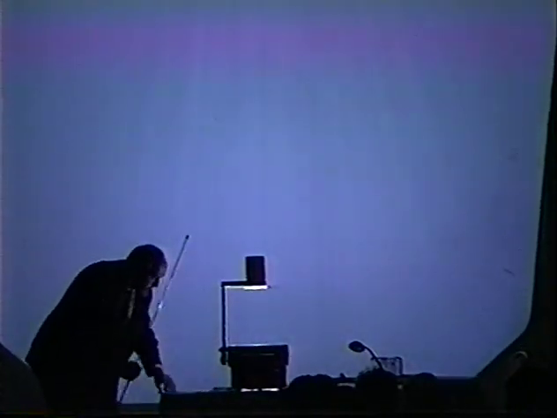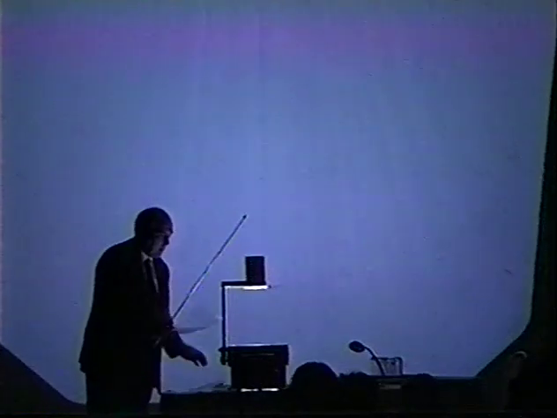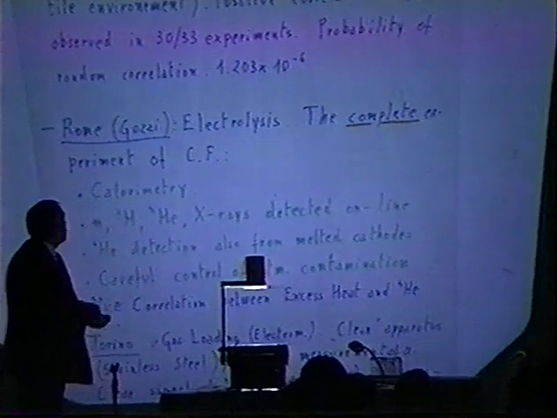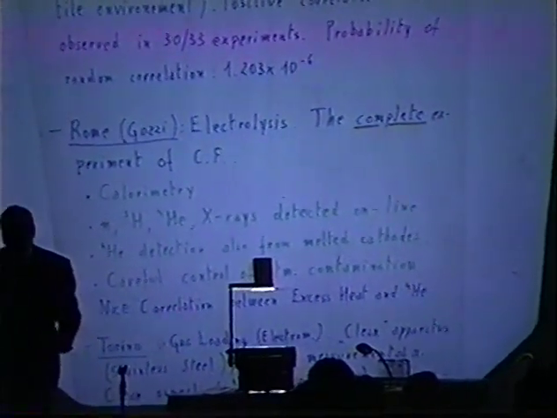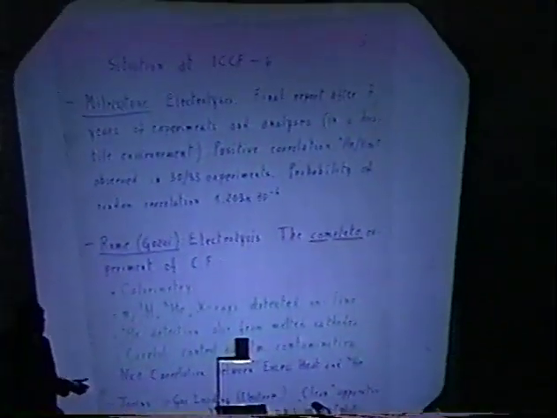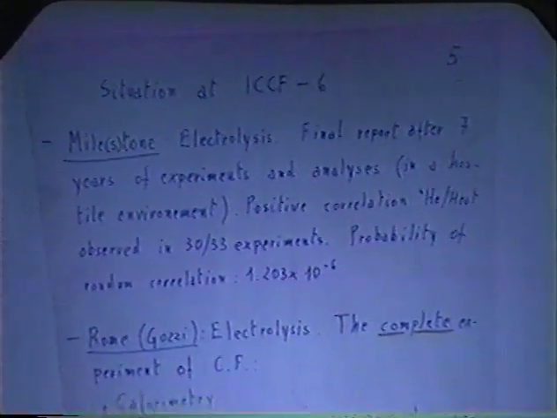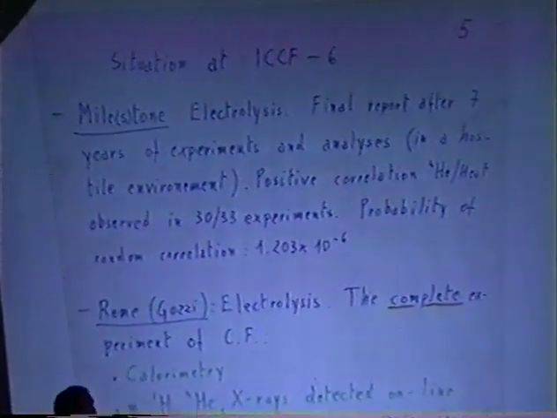Now let me briefly comment on the experiments, starting from what I call the milestone. Mice gives here a final report after 7 years of experiment, in which he did a big amount of different experiments, succeeding and not succeeding to produce excess heat. We heard from him the whole story about the catheter and so on.